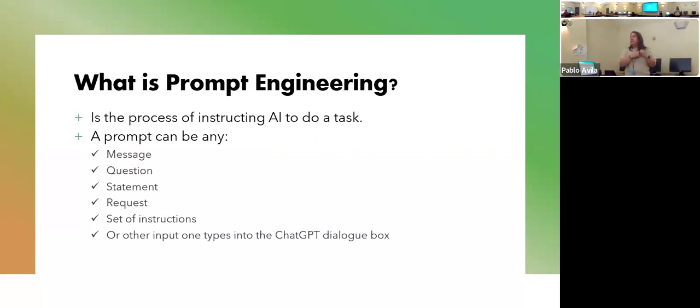And what is prompt engineering? It is anything that you use to interact with the tool. It could be a message, a question, a statement, a request, a set of instructions, or other input that you can put in the dialog box. ChatGPT was first released in December or October 2022, so it's less than 2 years, and already we can upload files to ChatGPT.